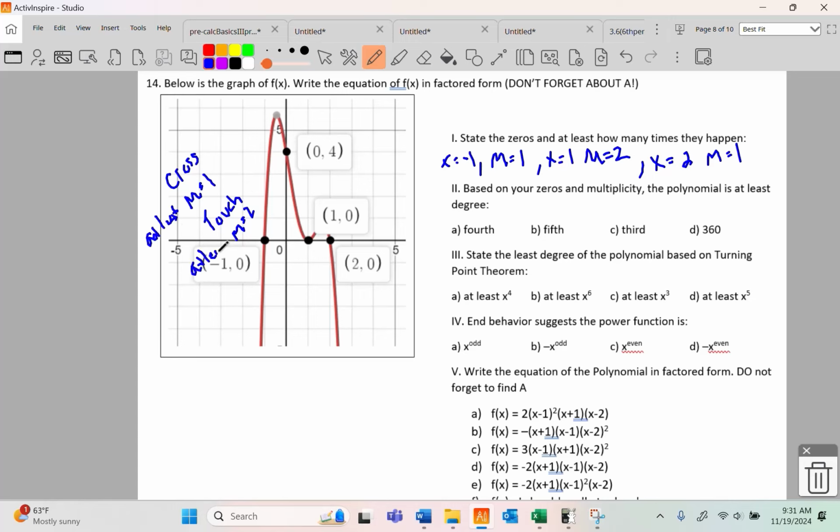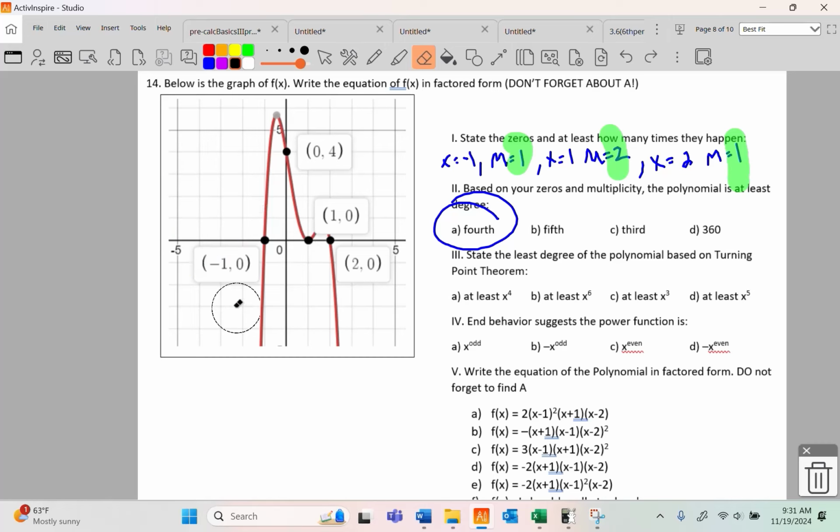At least. All right? Based on your zeros and multiplicity, the polynomial is at least what? So we have a 1, a 2, and a 1. 1 plus 2 plus 1 is 4. It's at least a 4th degree polynomial. State the least degree based on turning point theorem.